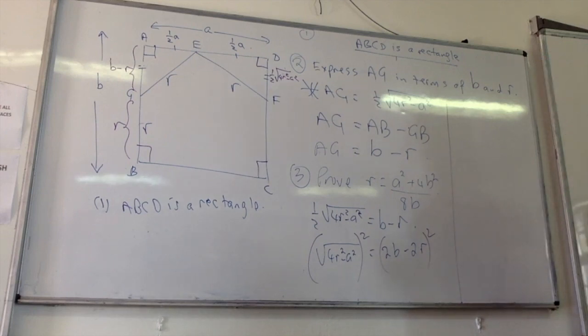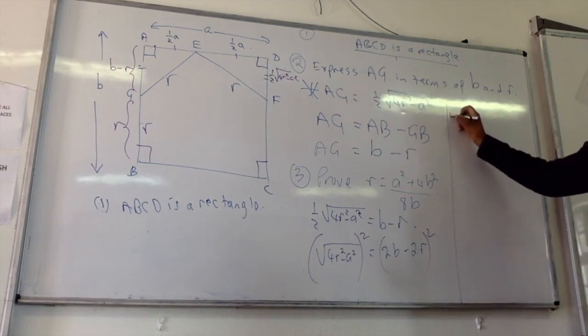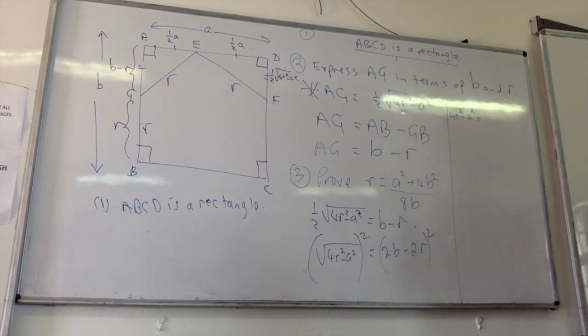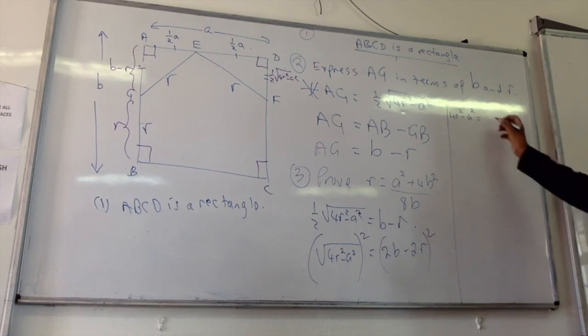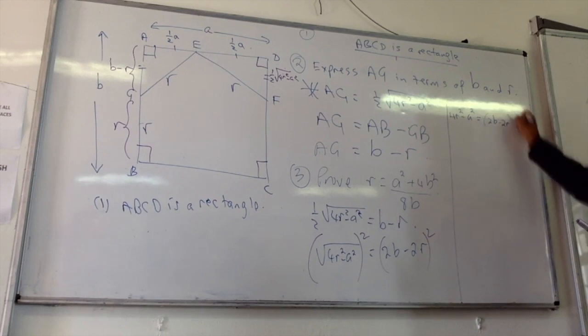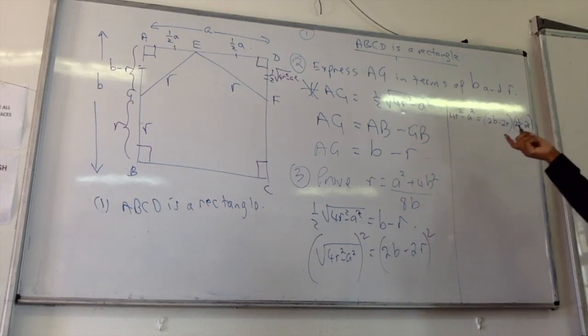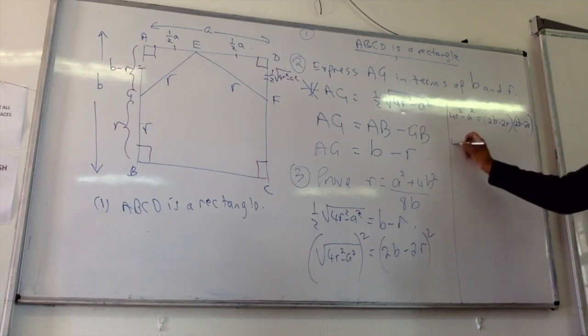What do we get on the left-hand side? 4r squared minus a squared. And what do we get on the right-hand side? Just remember this is 2b minus 2r multiplied by 2b minus 2r. Then you can FOIL, right?